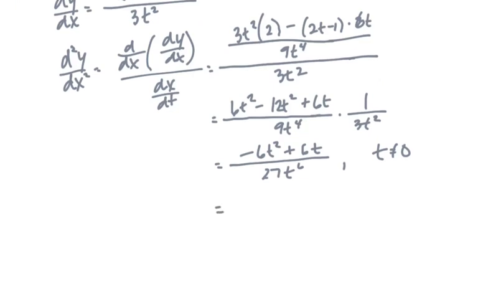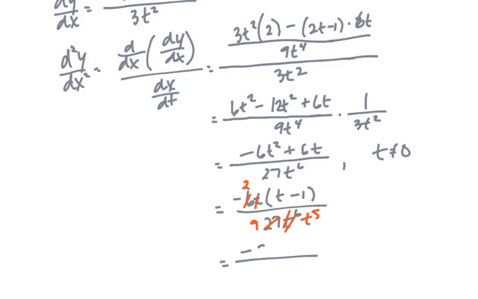We can factor out a negative 6t, and we're left with t minus 1, and in the denominator we still have 27t to the sixth. Now this will cancel to make t to the fifth, and then 3 goes into 6 2 times and into 27 9 times. So we really have negative 2 times t minus 1 over 9t to the fifth.